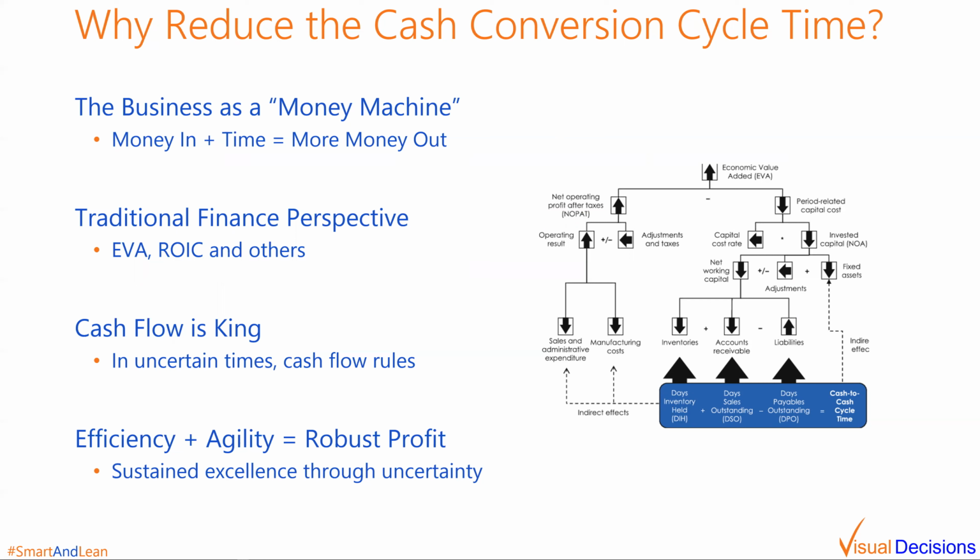And then the other is, how profitable is that time? How much more money do we get out compared to the money that we put in? And really, the longer that you tie up that money, the more profitability you have to have in order for the business to really be viable. So if we look at something like return on invested capital, there's two ways to change that return on invested capital.